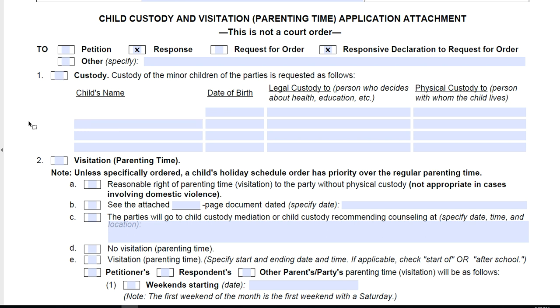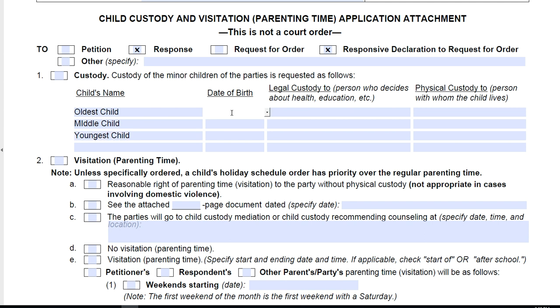Whether or not you are asking for a change of custody, you still have to list all of your child's names. So I'm going to put oldest child and middle child and youngest child, just to give you a sense that that's where their names go.